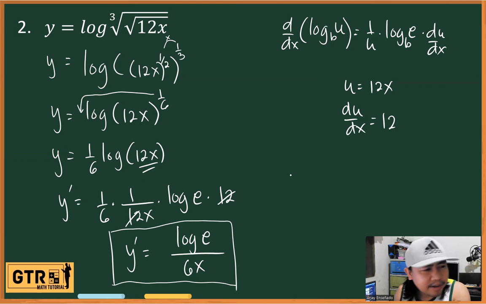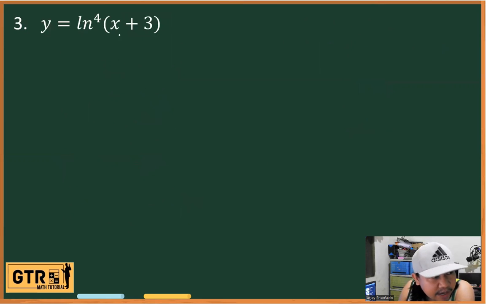Okay, so next, number 3. Y equals ln to the fourth of x plus 3. This time it's a bit tricky because we have an exponent, but the exponent is on the ln, not on the x plus 3. So this is equivalent to y equals ln of x plus 3, to the fourth power.